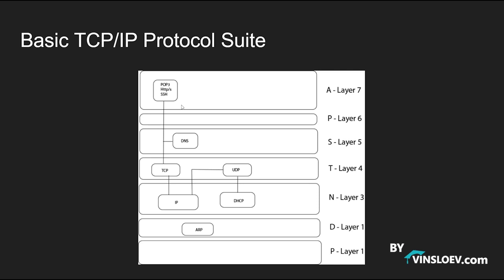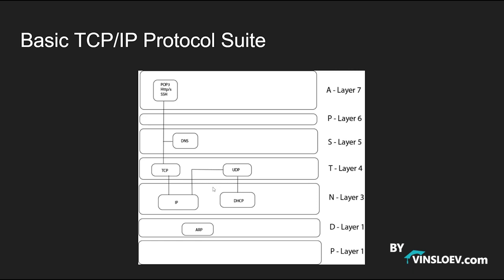So as you see right here, we have the OSI layers, which we discussed in lecture 1. So we have our application layer at the top, and then we have our data link layer, and this is supposed to be a 2, but hopefully you understand it. So as you see, we have the TCP on our layer 4, and we have the IP on our layer 3.